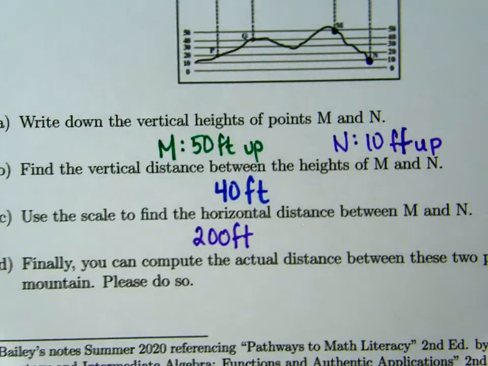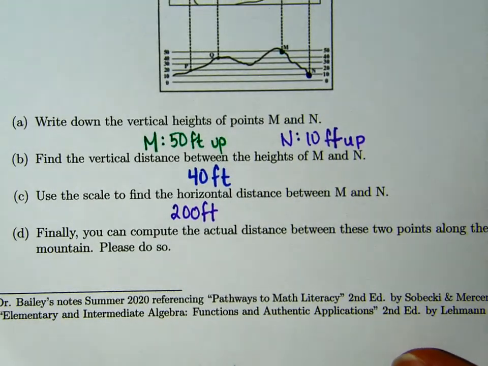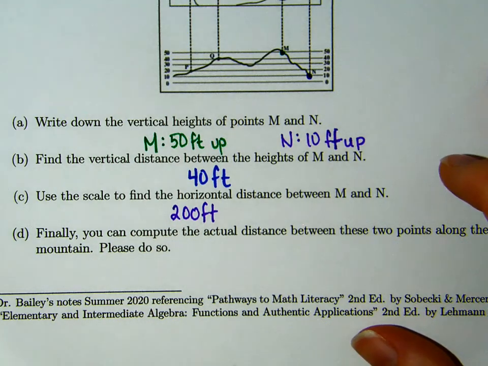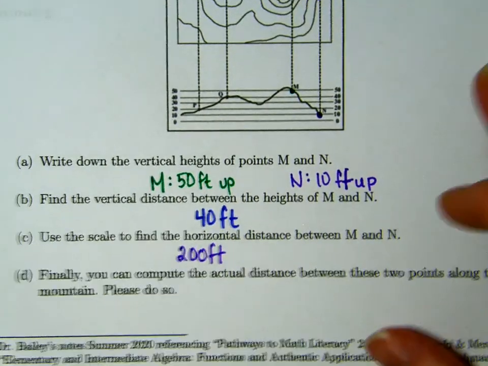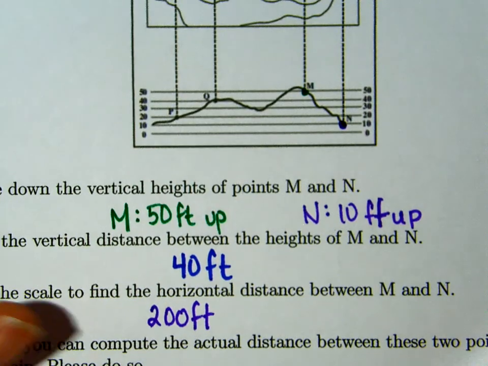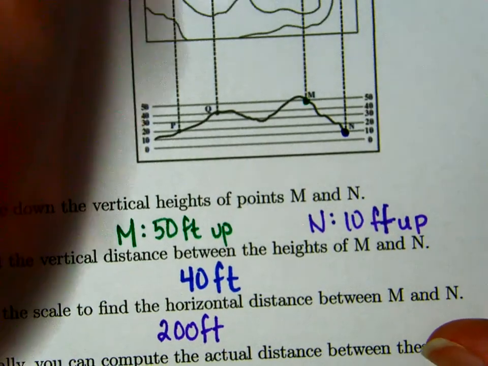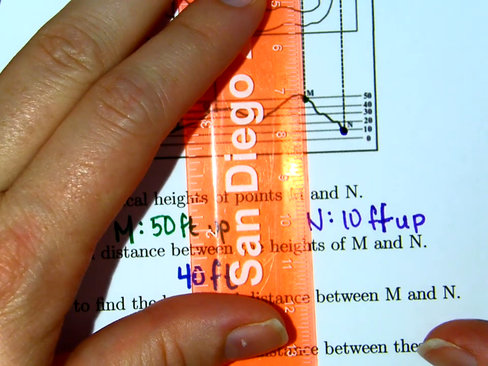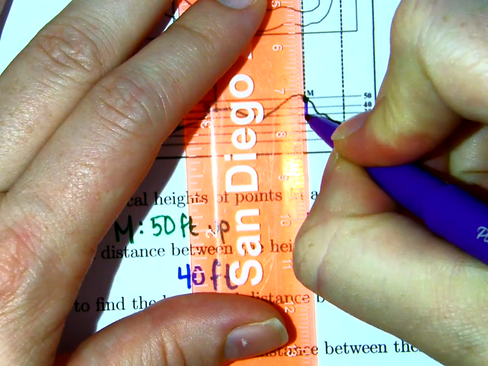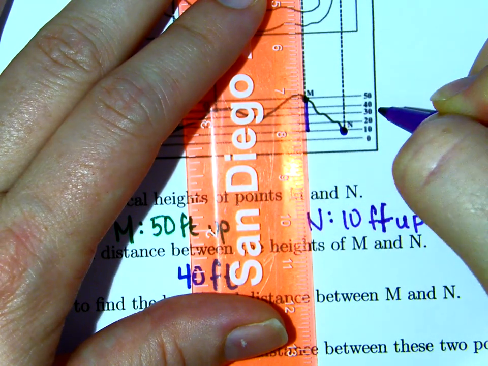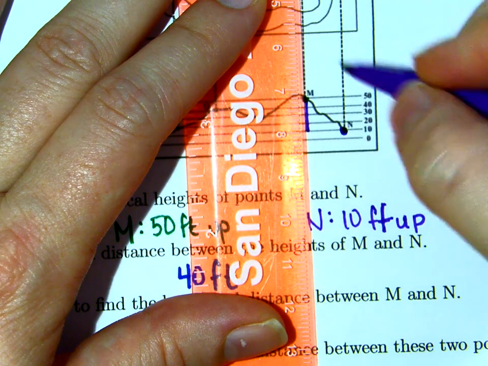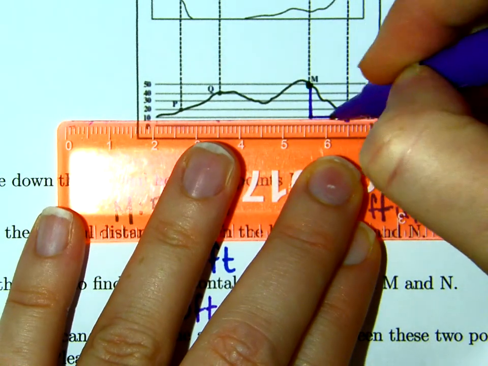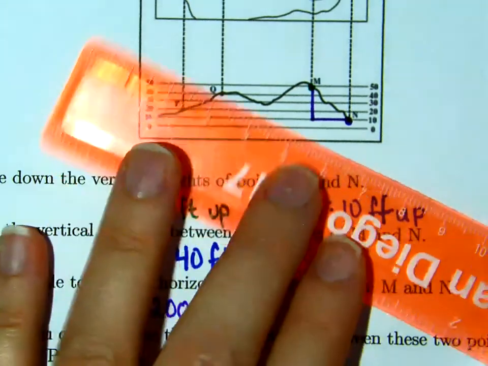Got it. Finally, you can compute the actual distance between these 2 points along the mountain. Please do so. Right on. First, that's the first please in a math class. Because at the end of the day, what we're doing here is we are building ourselves this right triangle.